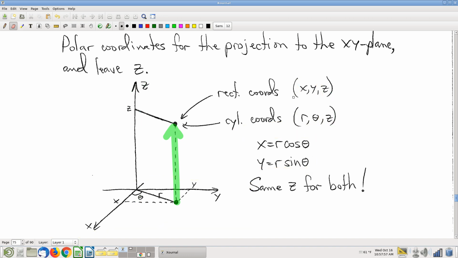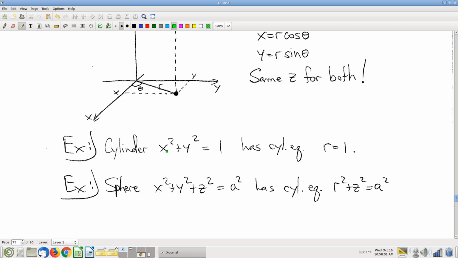I mean, everything that we knew about polar coordinates applies, right? And different examples. That previously was a circle, but now in 3 dimensions, that's a cylinder. Algebraically, though, we get still r equals 1. Now again, in 2 dimensions, that's a circle, now a cylinder.